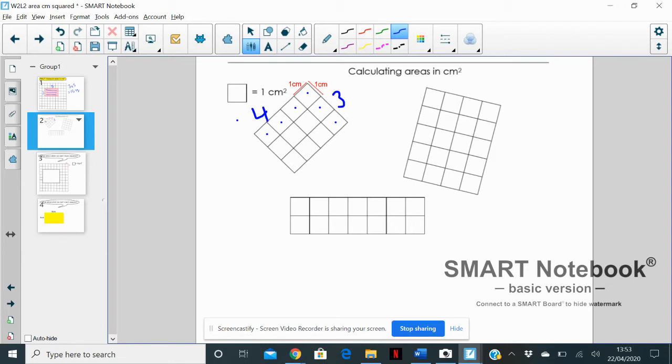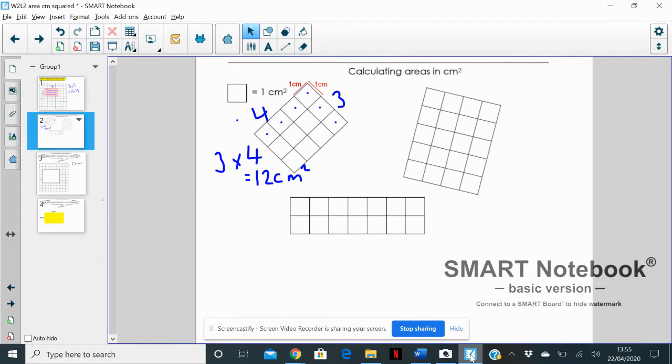Now, just like before, I'm going to use my knowledge of arrays and multiplication to work out how many centimetres squared there are altogether. So I'm going to do 3 multiplied by 4, which is equal to 12. So I know that this rectangle has an area of 12 centimetres squared. And that little 2 up there means it's squared.